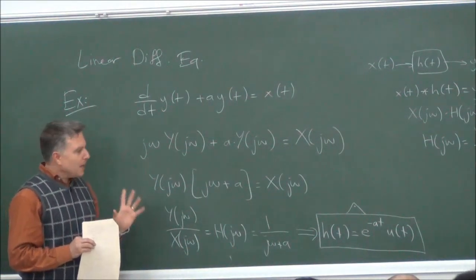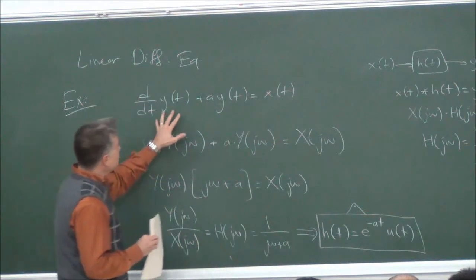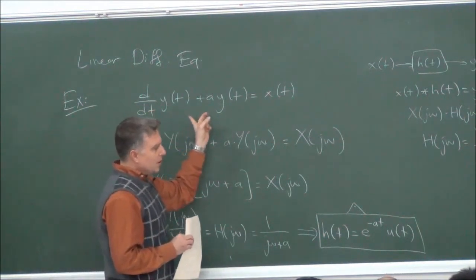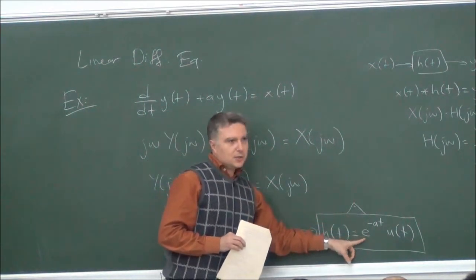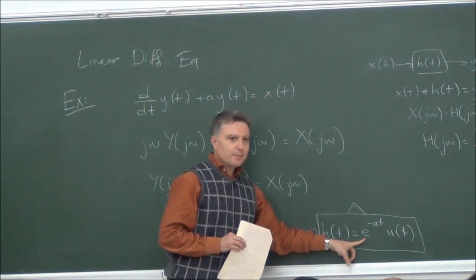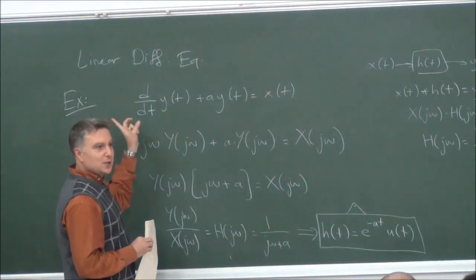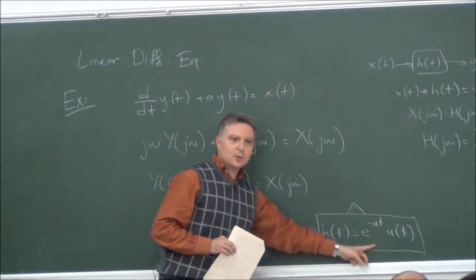Usually that's it. Whenever you have a first-order differential equation, it puts one exponential term in the impulse response. If it's a second-order differential equation, you will have two exponential terms.